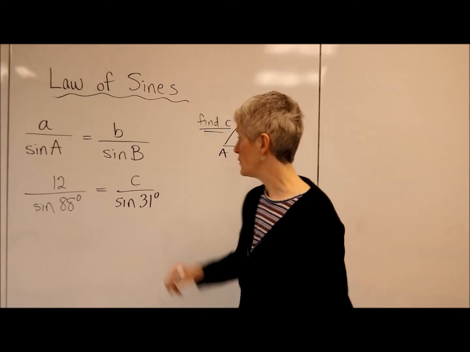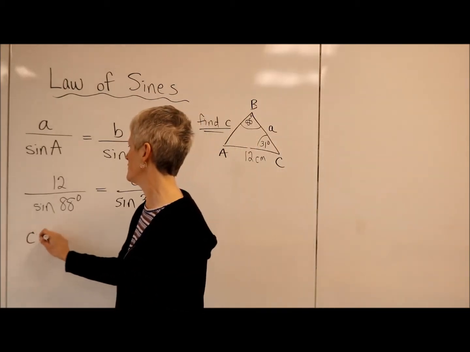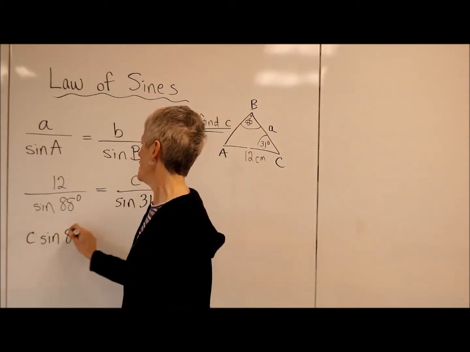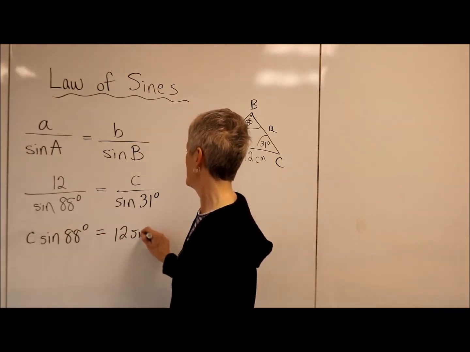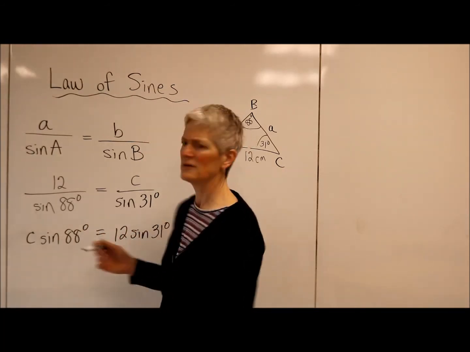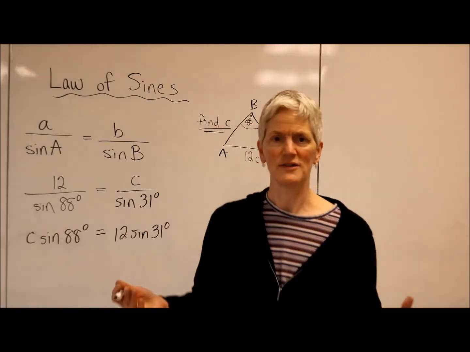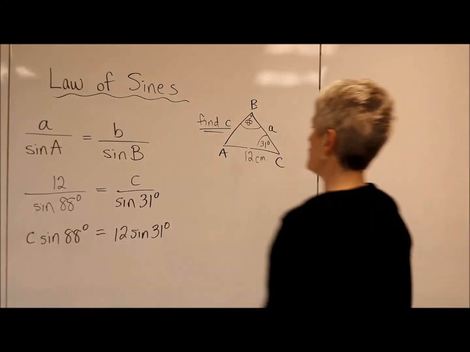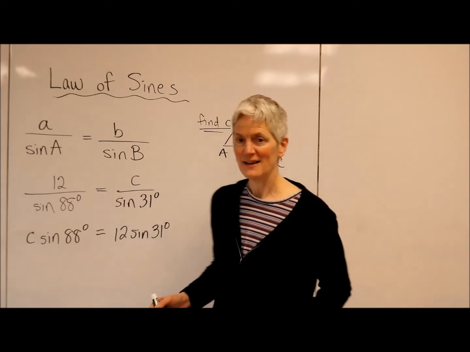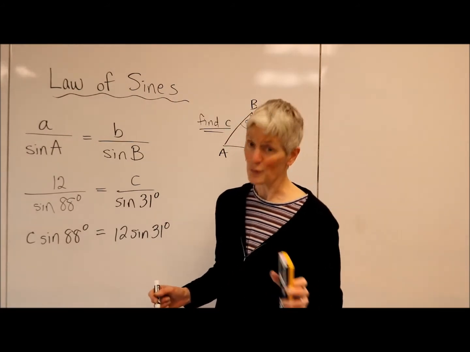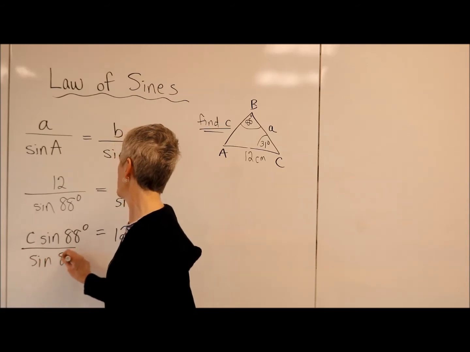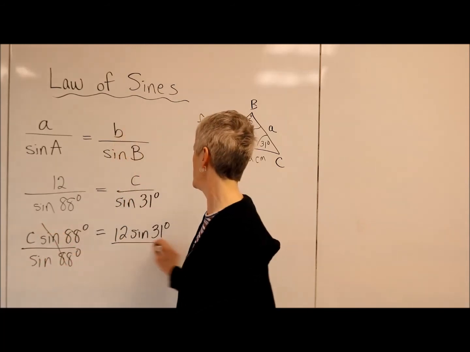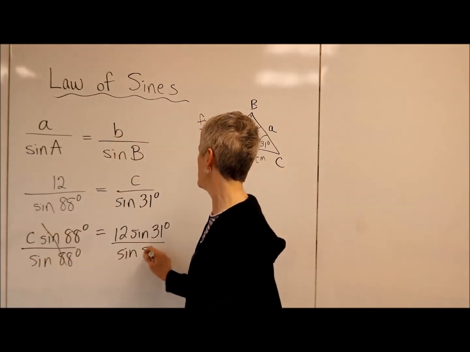Product of the means equals the product of the extremes, also known as cross multiplying. Although I hate to say that because then people cross multiply when they're multiplying fractions, which makes any math teacher want to run screaming from the room. All right, here we go. Boom and boom.